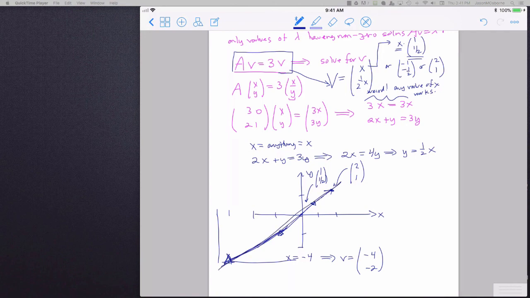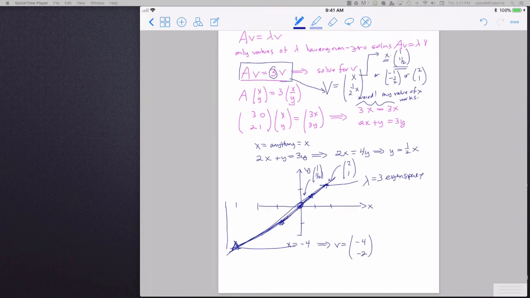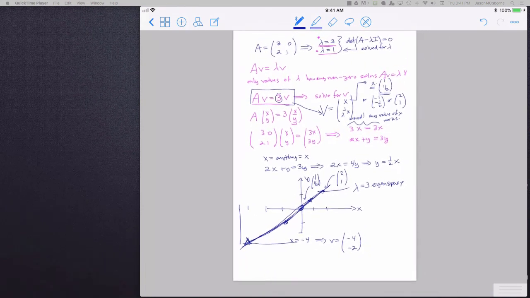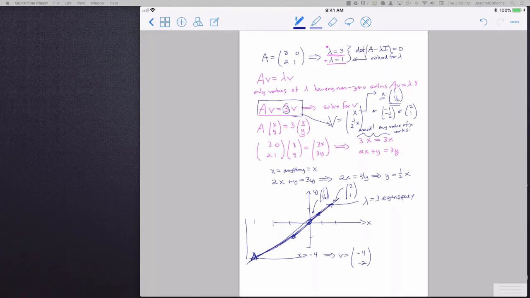So here is what's called the lambda equal 3 eigenspace. Any vector along this line is going to be an eigenvector associated to the eigenvalue of 3. Now that you know how to find the eigenvalues and the eigenvectors, you can proceed on, for example, to say that your y1 of t could be e to the 3t multiplied by the eigenvector (2, 1).